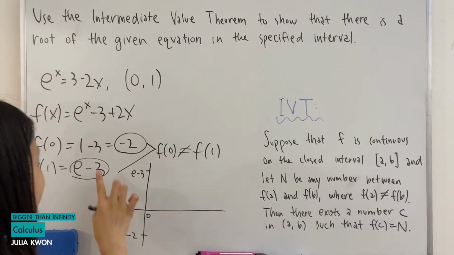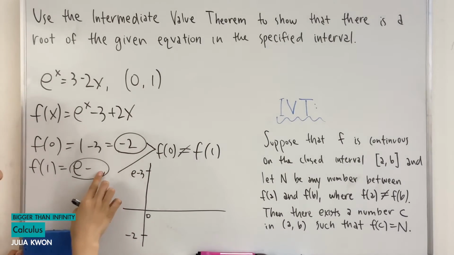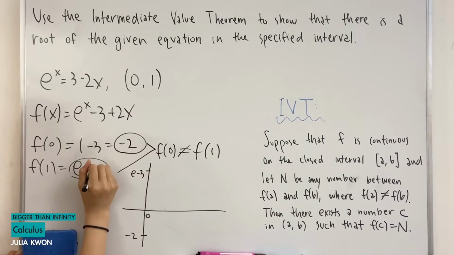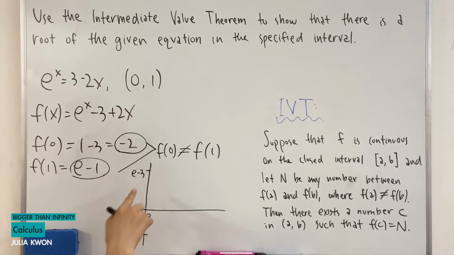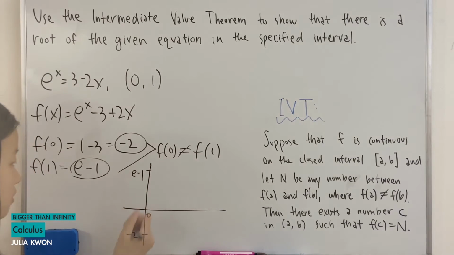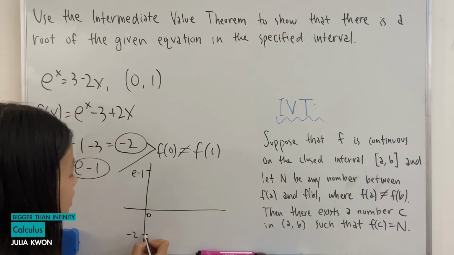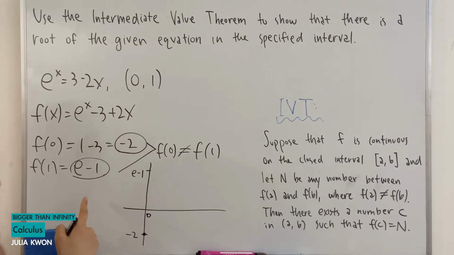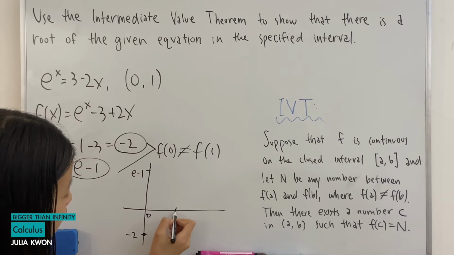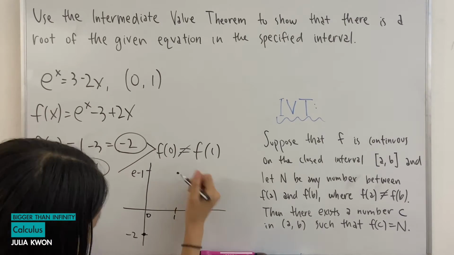Wait, hold on. No, this is supposed to be 1. I'm sorry. It's supposed to be e minus 1. So at x is equal to 0, it is -2, and at x is equal to 1, we have e minus 1, and let's say that x is equal to 1 is here.